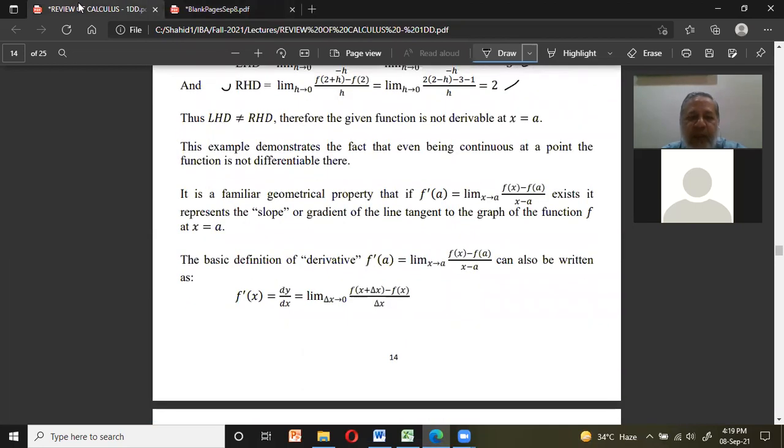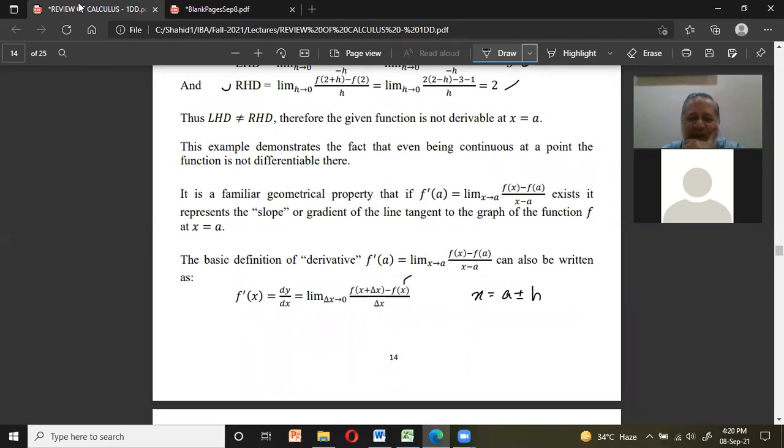Now it is a familiar geometrical property that if this derivative exists, it represents the slope or the gradient of the line tangent to the graph of the function at x is equal to a. We have already started using this concept. Sometimes, this x which we earlier replaced by a plus minus h, there is a different scheme where we consider the derivative at an arbitrary point.